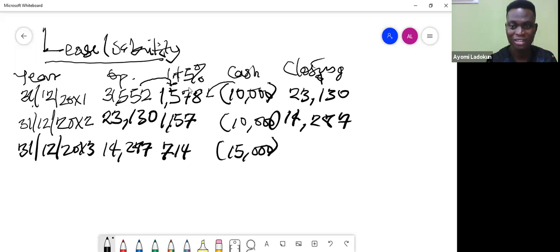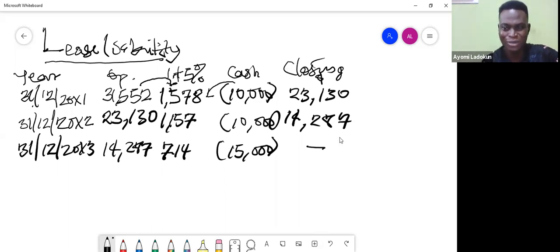Remember, in year three we pay 15,000, so here should give me 0. If I didn't get 0, it could be my typographical error, Excel error, and all of that. Oh, sorry, rounding error. Okay, so it gives me 0. Can you see now? If I had 14,287 plus 714, and I remove 15,000, I have 0. So that's it. Even though the examiner did not ask me to do up to that.